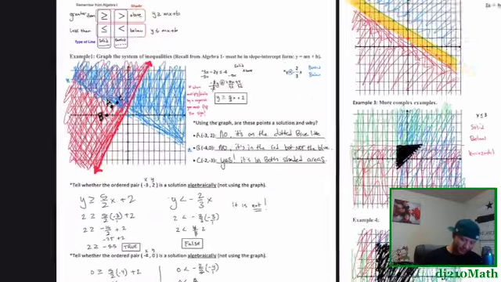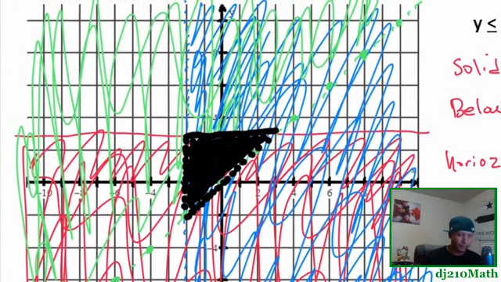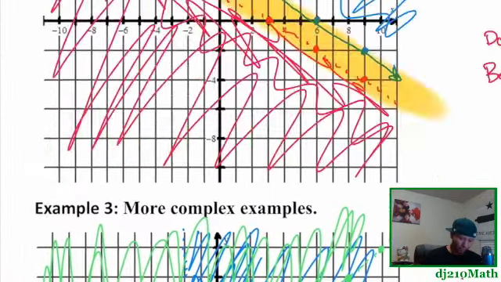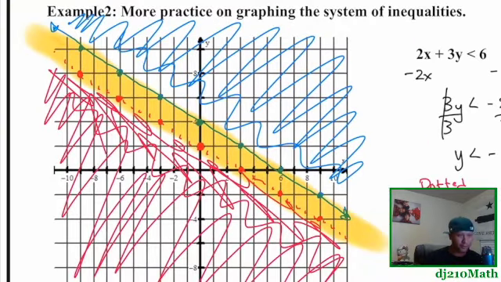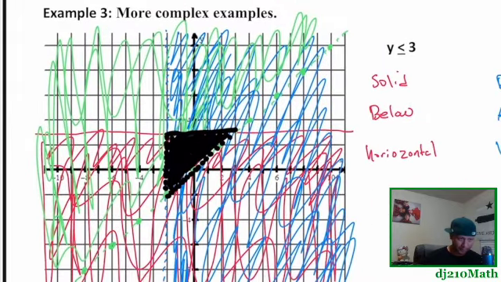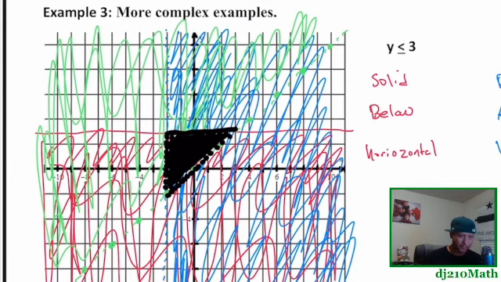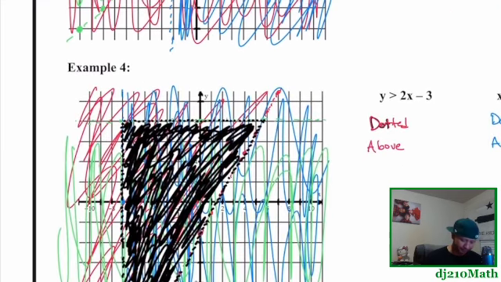And then you can see, once you've done it, that there is an overlap. Or there won't be any overlapping parts. You know, if there's no overlapping parts, then there's no solution. That one's easy. But if they do overlap, and most of the time they will, you have to be able to identify the area that is overlapping. And be sure that you're paying attention to where the line is solid and where the line is dotted.